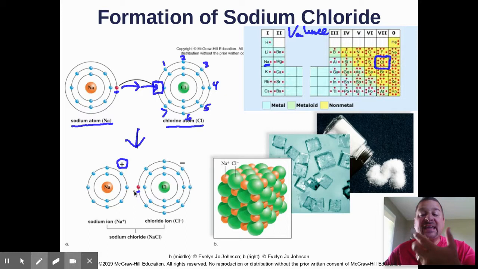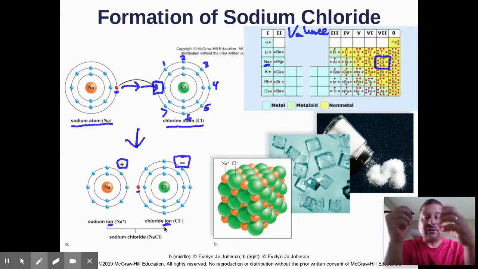Chlorine, because it gained an extra negative electron, now has one more electron than proton. So it has a -1 charge. We say that these are ions. And opposites attract. If you have a +1 and a -1, after the electron jumps ship, they will stick together.